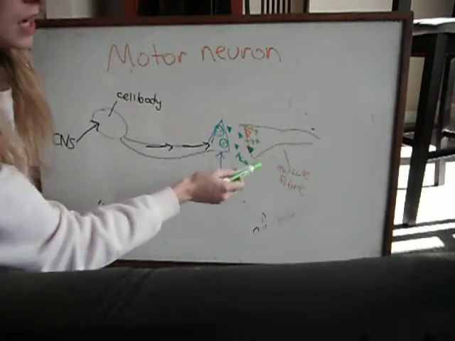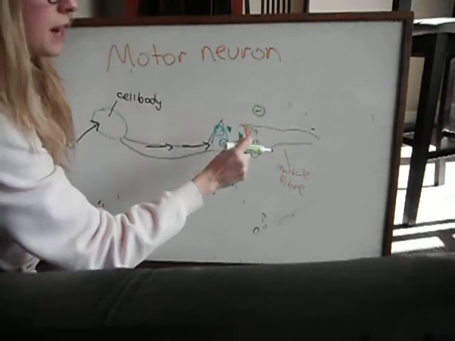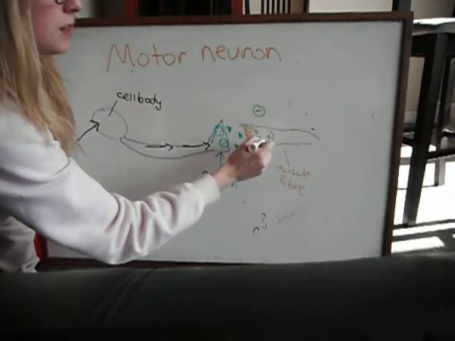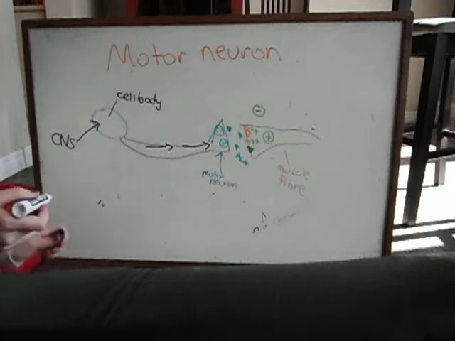So this cell is becoming more positive than the negative outside. So this is more positive and the outside is more negative, and that's called depolarization. If it reaches a certain point, called the threshold, it's going to cause an action potential. So when this action potential is reached, this is going to allow for calcium to be released.